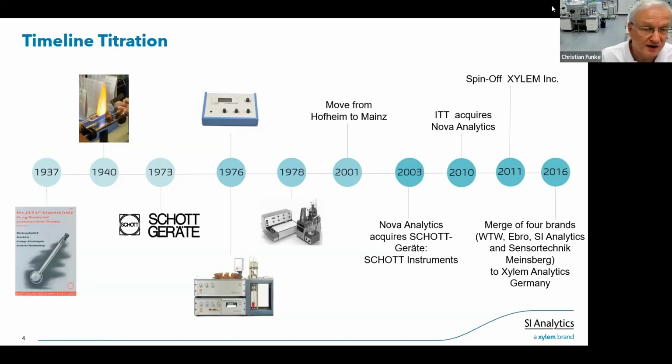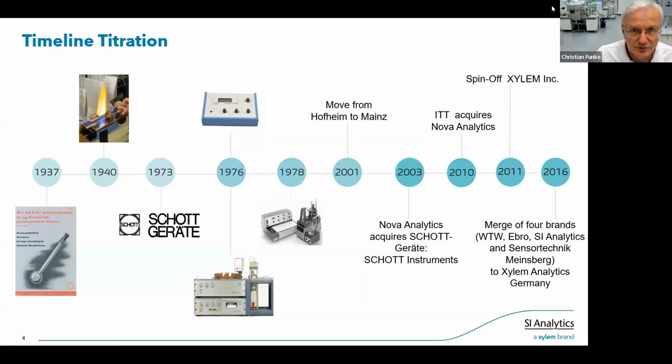So it started in 1937 with the development of one of the first pH electrodes. Schott has a patent on that. It was 1937, the first usable pH electrode. And also in the 40s, Schott started with the manufacturing of glass viscometers.